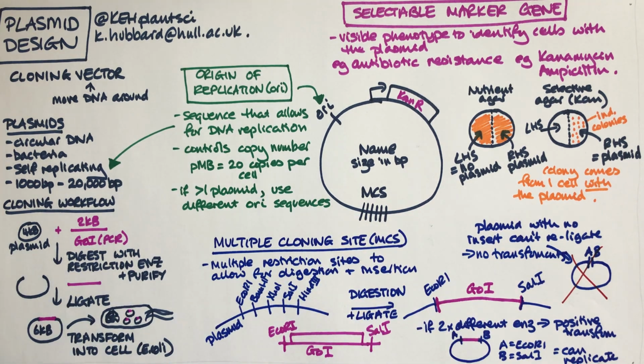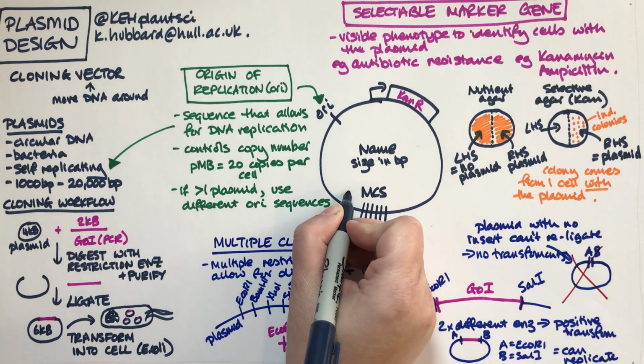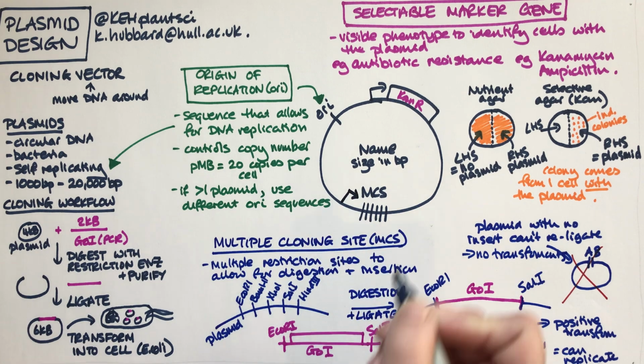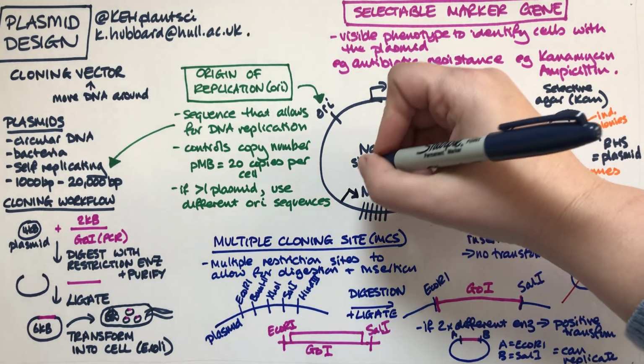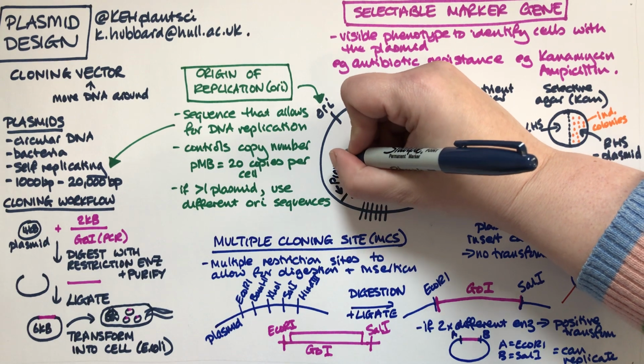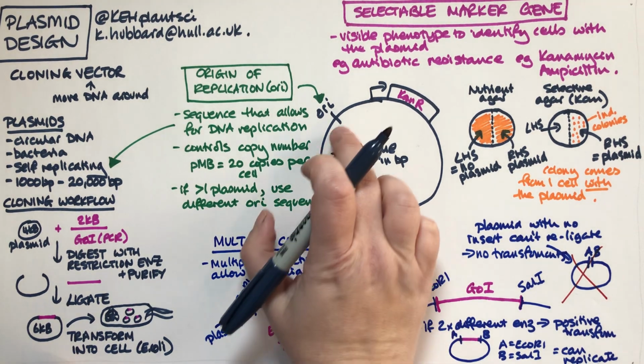Okay. The other thing that you might want in your plasmid is, we sometimes put in, before the multiple cloning site, a promoter sequence. So rather than relying on copying the promoter of the gene of interest, we sometimes put in an artificial promoter.